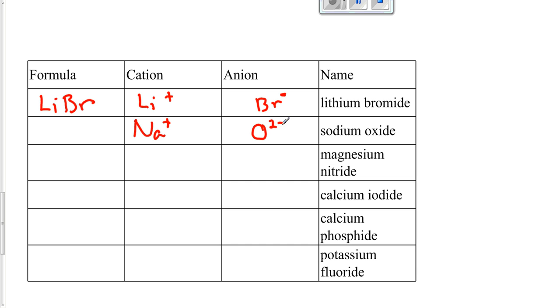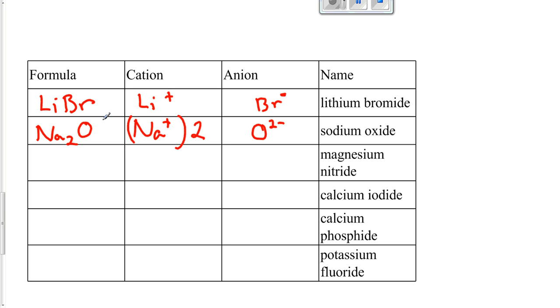So in this case, you see that the charge doesn't balance out because sodium is a +1, oxygen is a -2. So I'm going to need 2 of these in order to make this compound neutral. So I write that by saying Na2O, and I end up with sodium oxide.